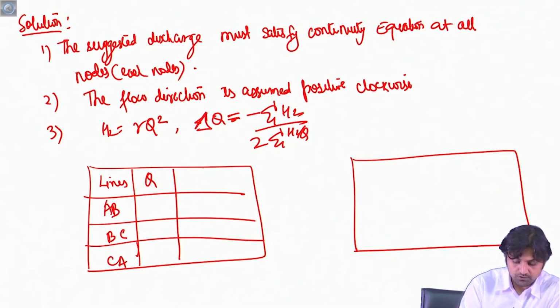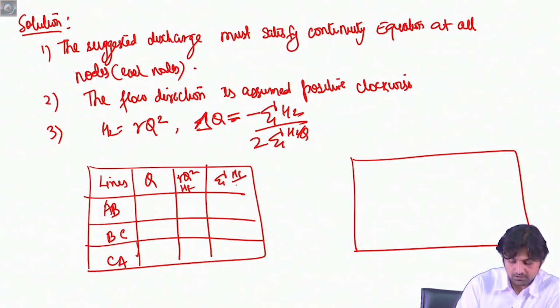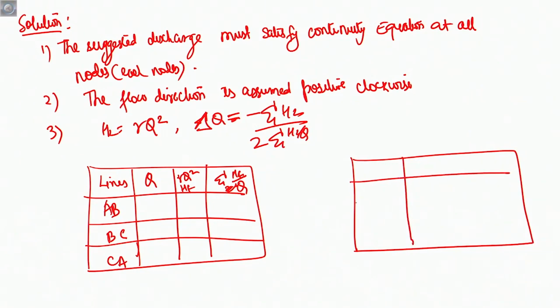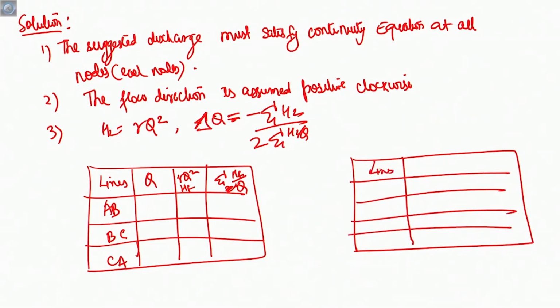There is going to be Q that you have assumed, and then you have RQ square, or HF, and then sigma HL by 2, sorry, sigma HL by Q. Similarly, in the second loop there are 4 lines: BC, CD, DE and EB, and you have to write Q. You have to calculate RQ square and then RQ square by Q. So this is what you have to calculate.